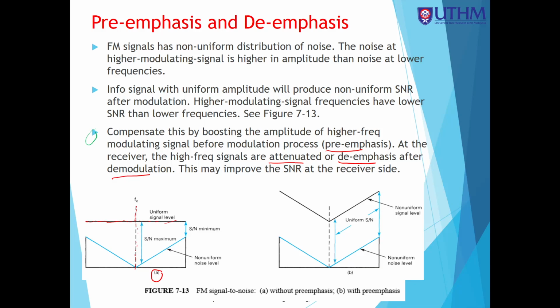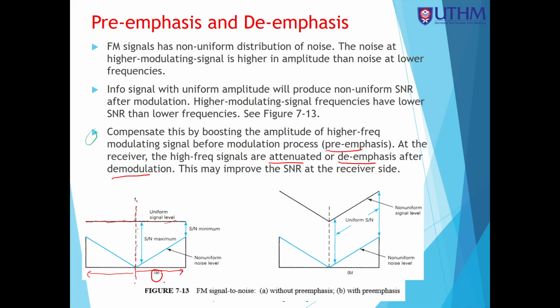The amplitude of the carrier remains the same. If we use a higher value of FM, if we go to the right and left side, the right and left side show the fluctuations of the carrier signal.